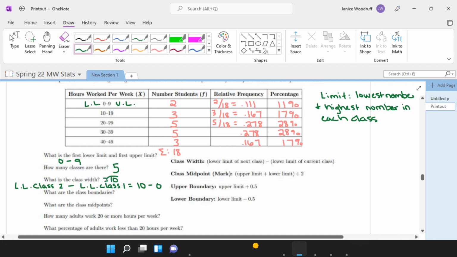All right, so the width is going to be the difference here. Not 9 minus 0, but 19 minus 10. A lot of students will get that confused. So the width is the difference between the classes. So each one has a class width of 10.